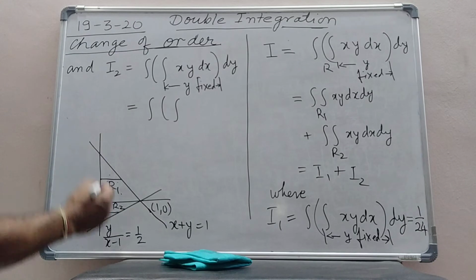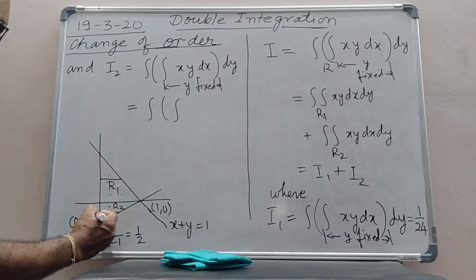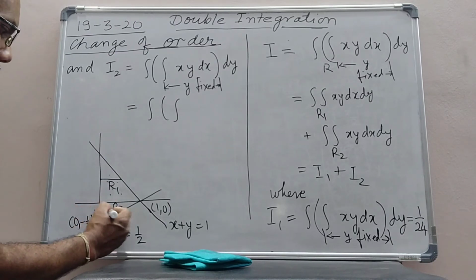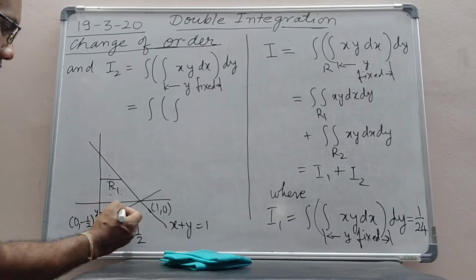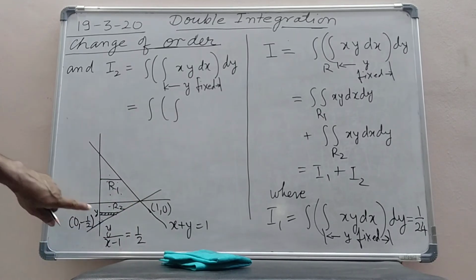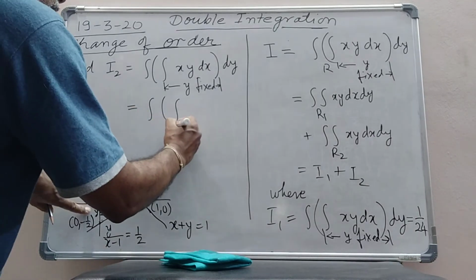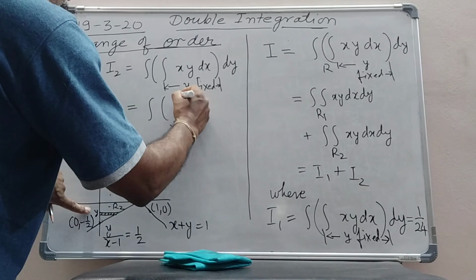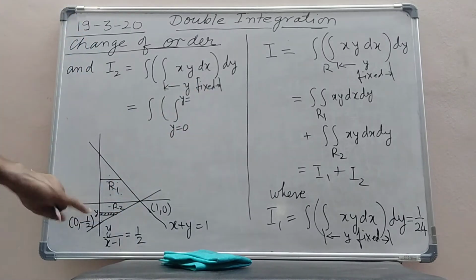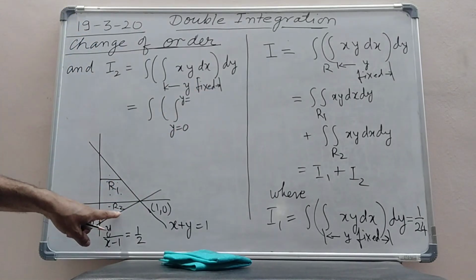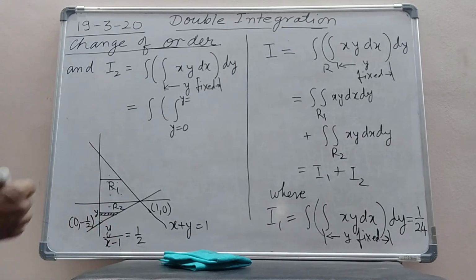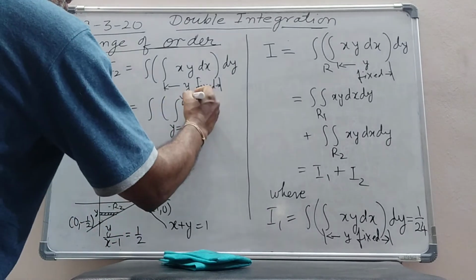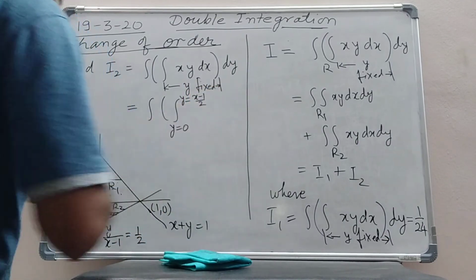In R2, y has been fixed. Let us say it has been fixed here. So one is integrating over a thin strip which starts on the y-axis and ends on this particular line. That will decide the lower and upper limit for y. Y equal to 0 to y equal to. So what do I get for y from this equation? So y is equal to half of x minus 1.